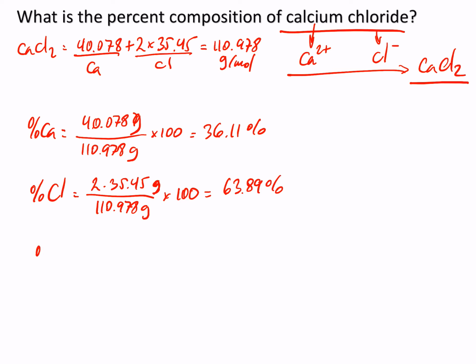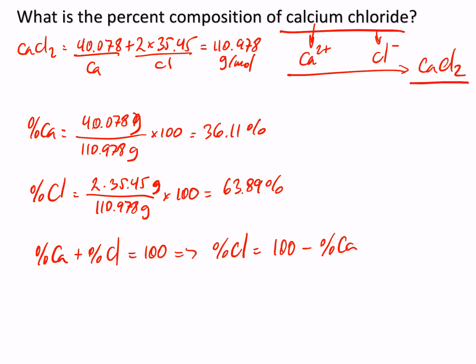Which means that the percent calcium plus the percent chlorine in calcium chloride has to be equal to 100. Therefore, if you calculate one of the percentages with the mass data, you can calculate the other percentage by simply saying the percent chlorine is going to be equal to 100 minus the percent calcium, that is 100 minus 36.11, and guess what?